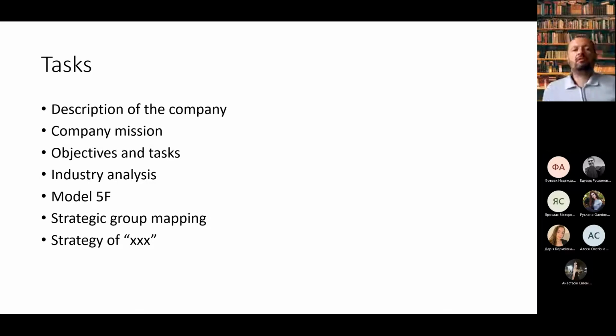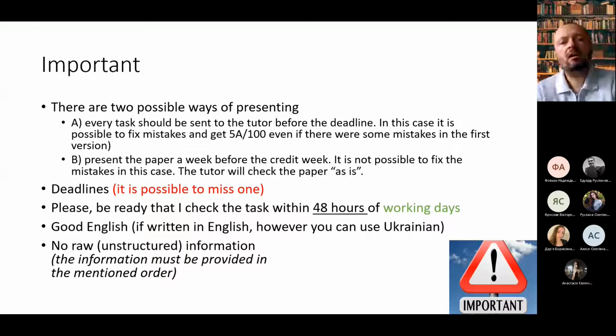What is important for you is that if you fix a mistake, it will be like you hadn't made it. So generally, there are two possible ways of presenting the paper. The first, type A. Every task should be sent to the tutor before the deadline.